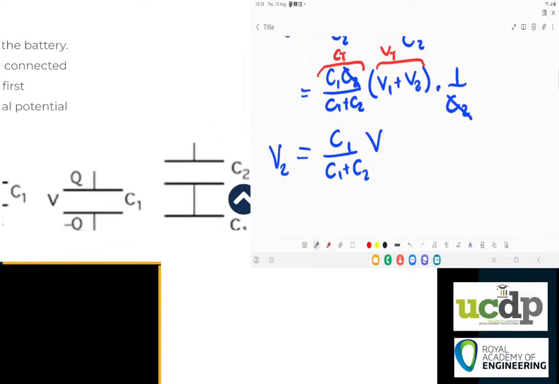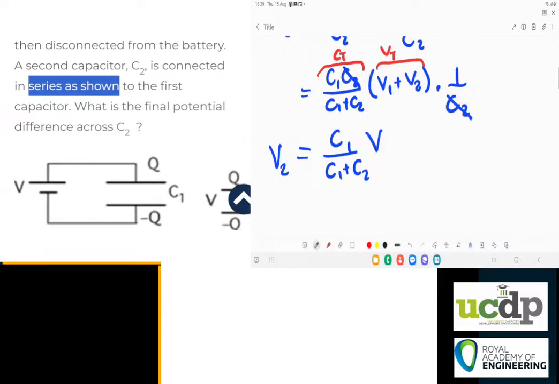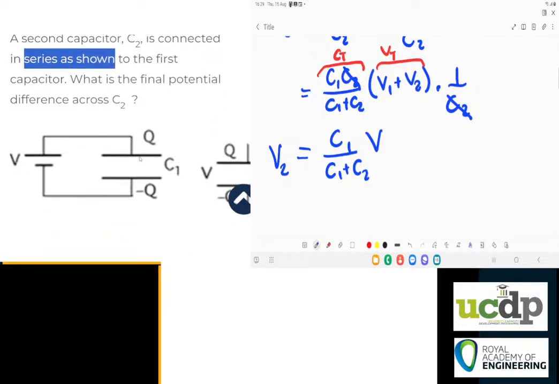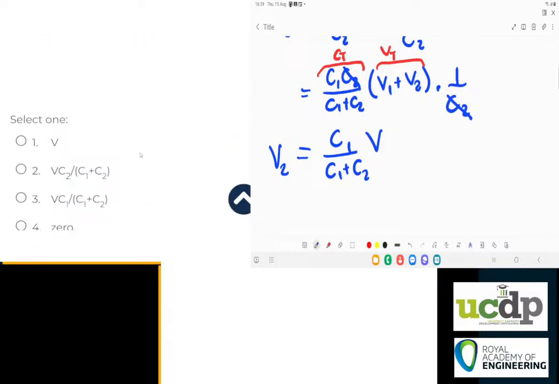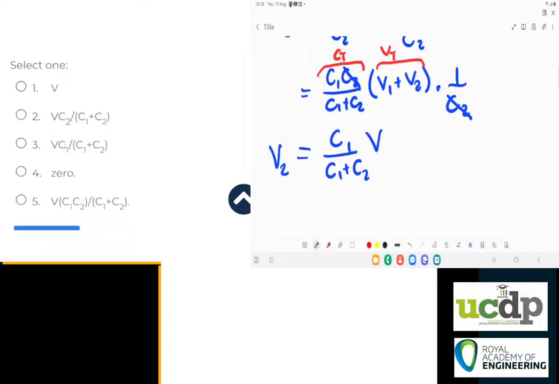So we have V times C1 over C1 plus C2, which is basically that choice there.